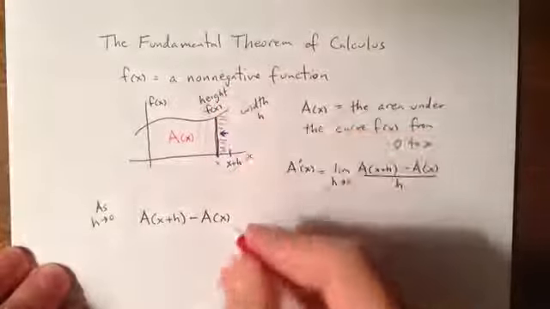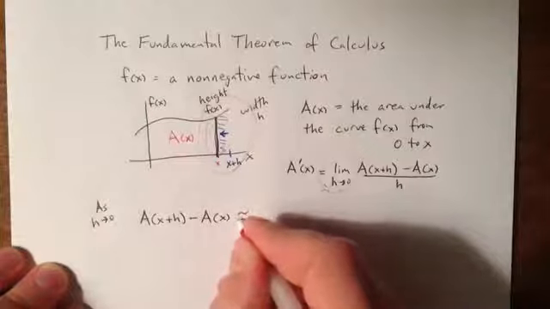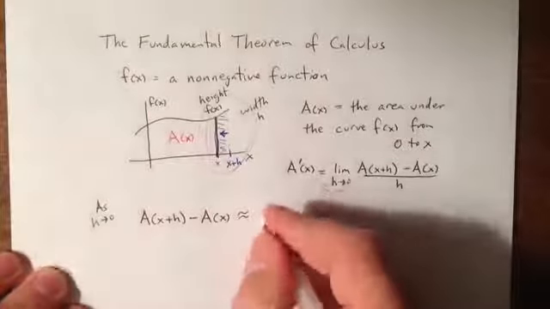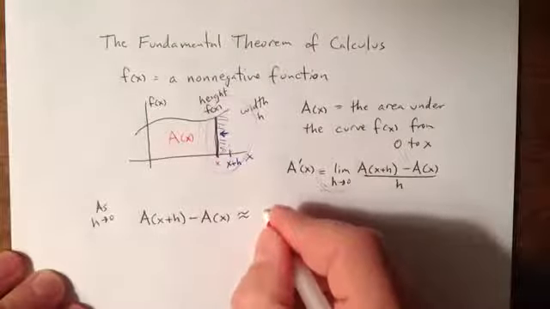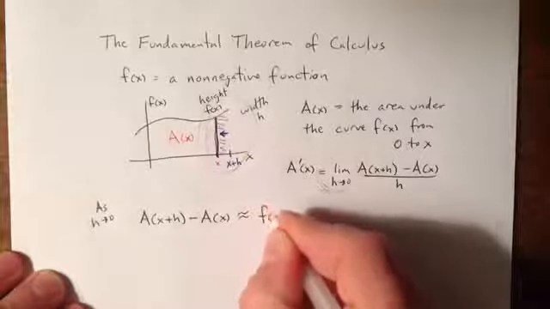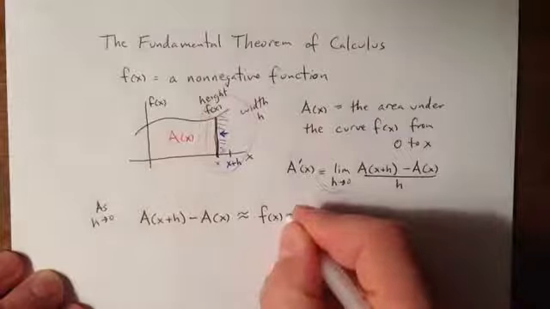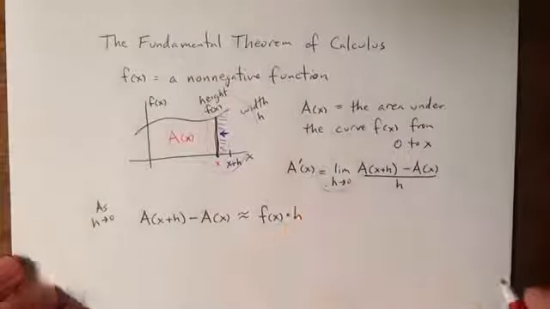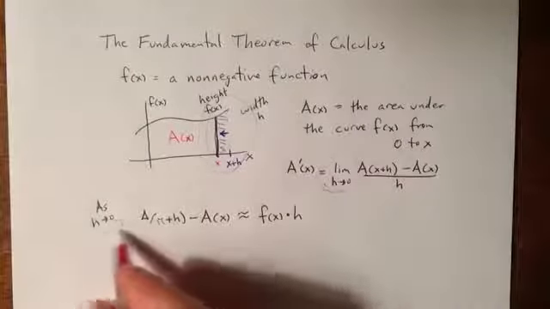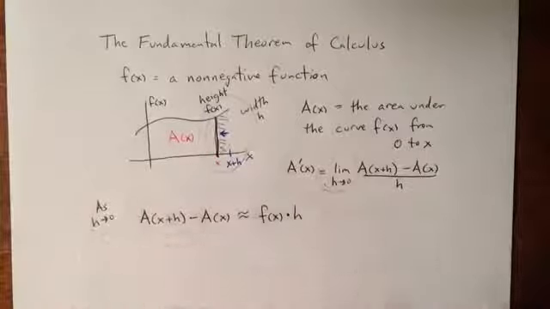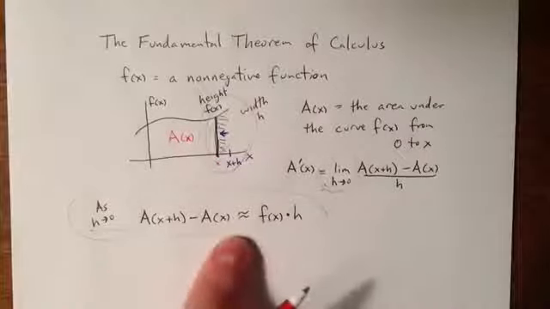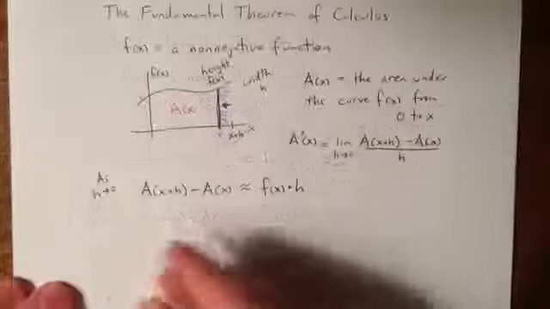So we can, in a way, approximate the difference between those two area amounts by taking the height of a rectangle to be f of x, and the width to be h. And this is going to be true as h gets closer and closer to 0. This approximation is going to get better and better and better.